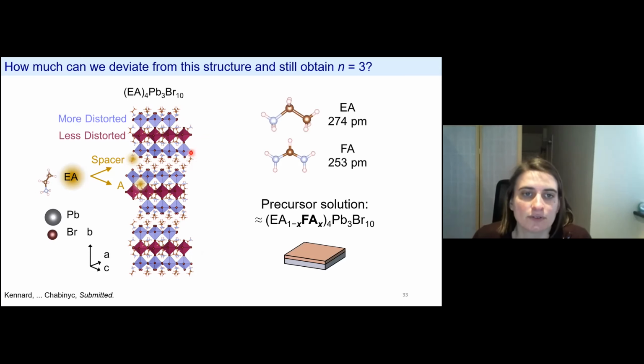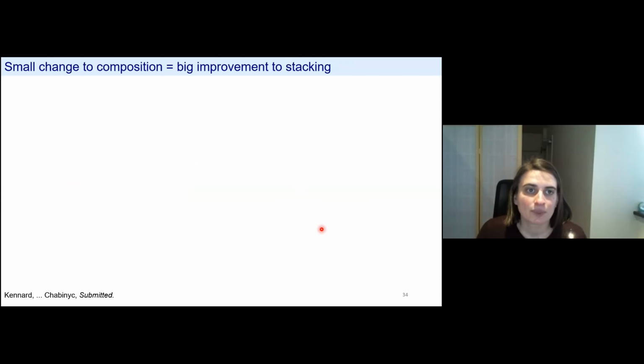So we started playing around with the cations, and one that was particularly interesting was formamidinium. So this is slightly smaller than ethylammonium, and it has different chemistry. Instead of having 2 carbons and a nitrogen, here we have 1 carbon and 2 nitrogens. So we just substituted stoichiometrically in the precursor solution, made our film the standard way.